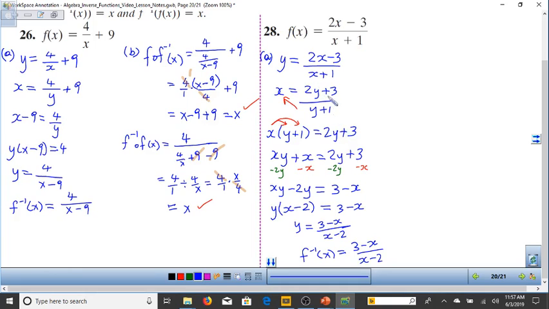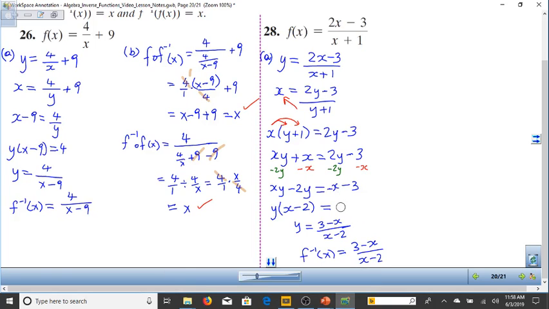I just noticed that I made an error here, so let me correct that right away. That was supposed to be a minus, which means this was supposed to be a minus, which means this is supposed to be x minus negative x minus 3.